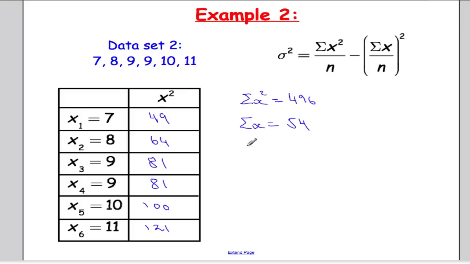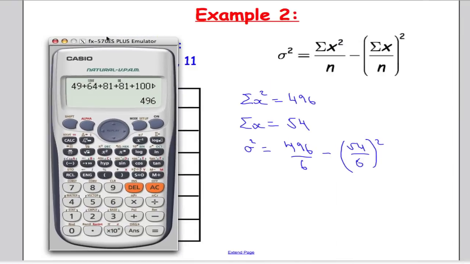And now to work out the variance, I need to do the sum of the squares, so 496, divided by the number of values. I need to subtract the sum of the values, 54, over 6, all squared. So if you set it up like that and then put it into your calculator exactly as you see it.